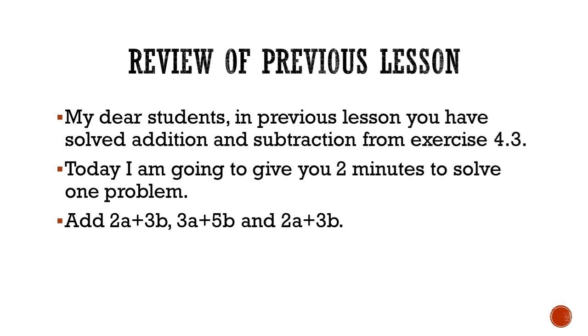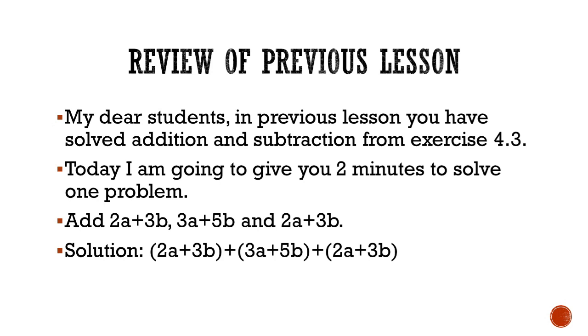Okay. Now I will show you the solution of this math. 2a plus 3b plus 3a plus 5b plus 2a plus 3b. Now we will write down the similar terms together. That's why 2a plus 3a plus 2a. That means a and a, they are similar terms.